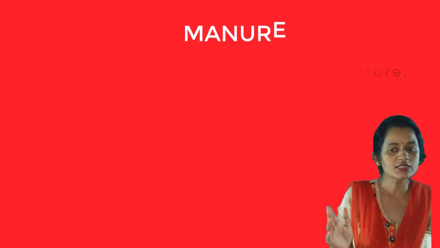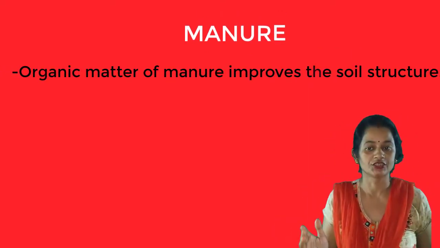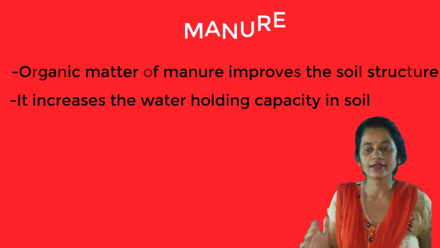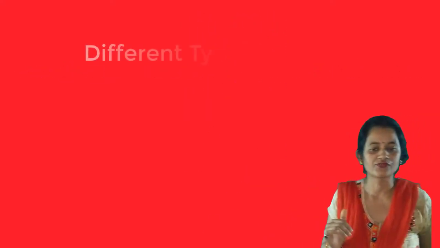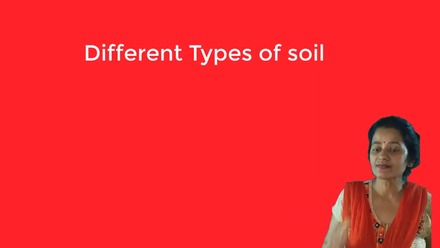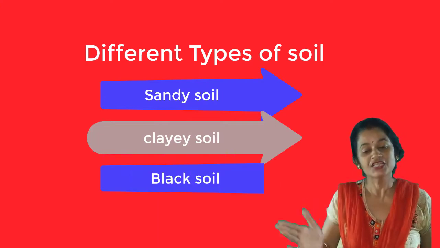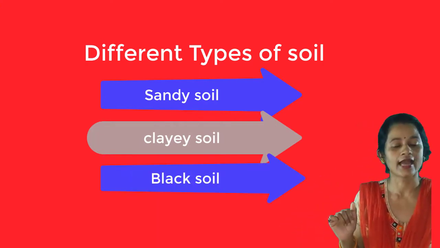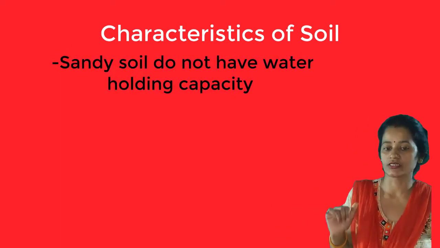Organic matter which is present in the manure improves the soil structure. It increases the water holding capacity in soil. You have many different types of soils. For example, we have sandy soil, clay soil, black soil. Each type of soil has special characteristics. Like sandy soil does not hold a lot of water.